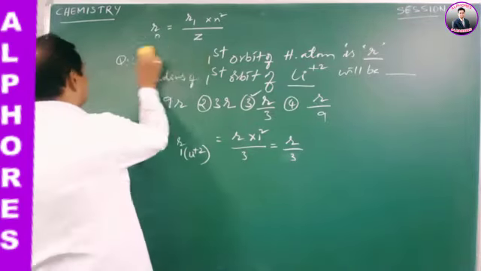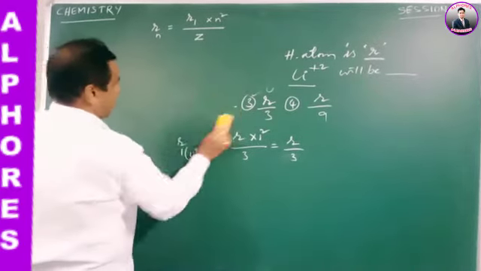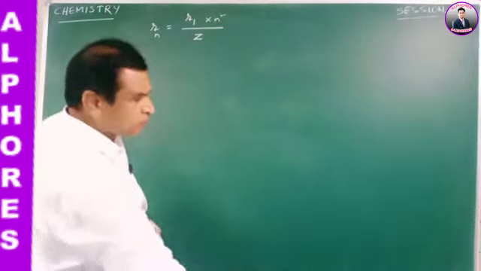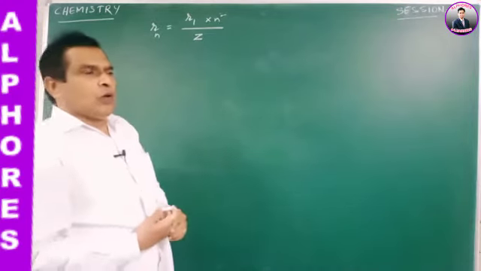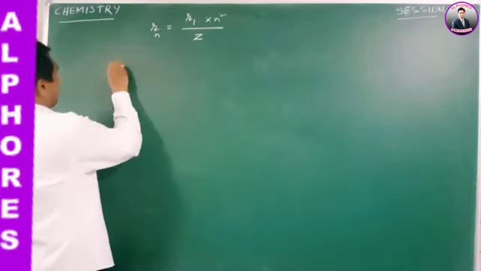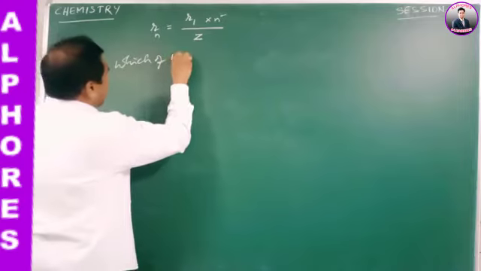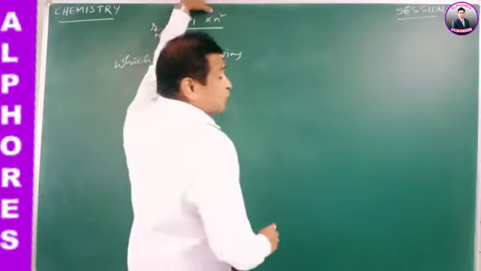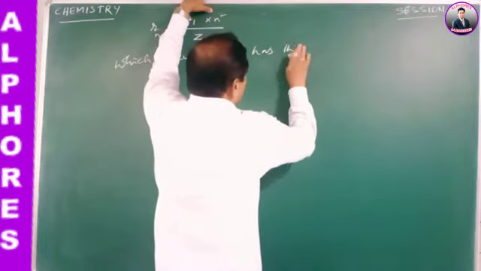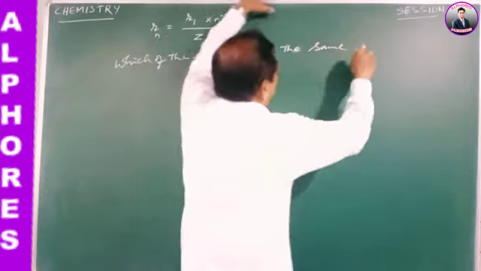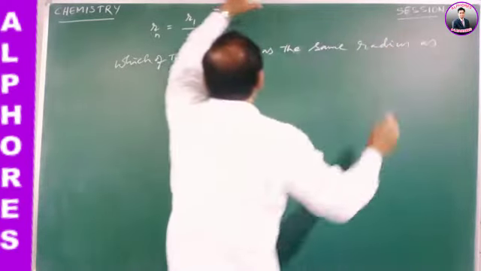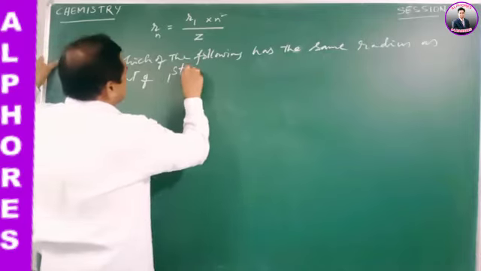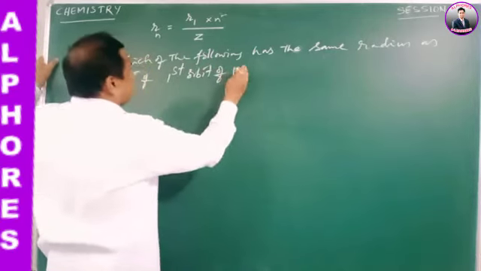Now let us take another concept. Which of the following has the same radius as that of the first orbit of hydrogen atom?